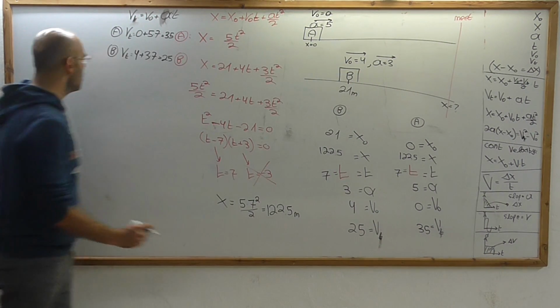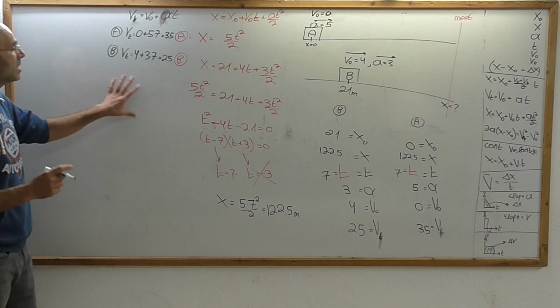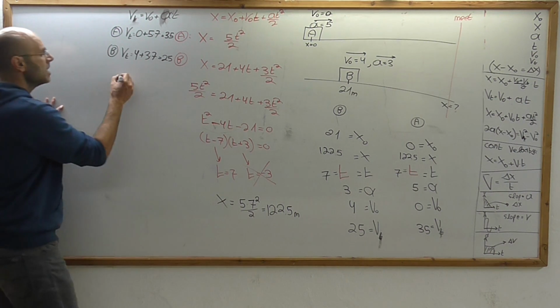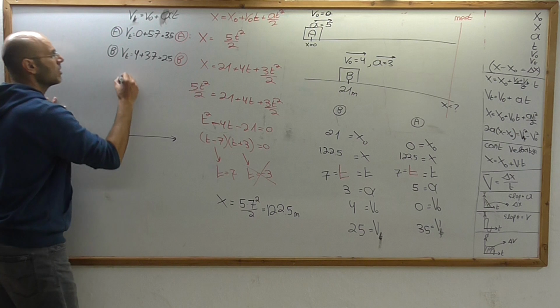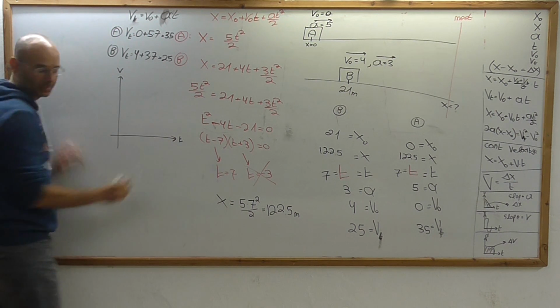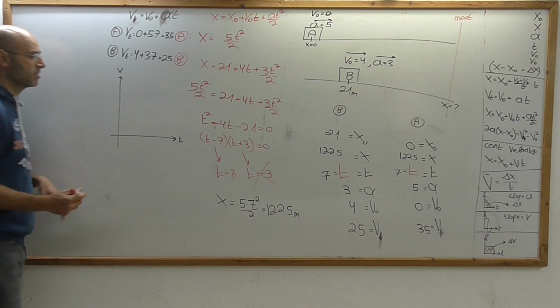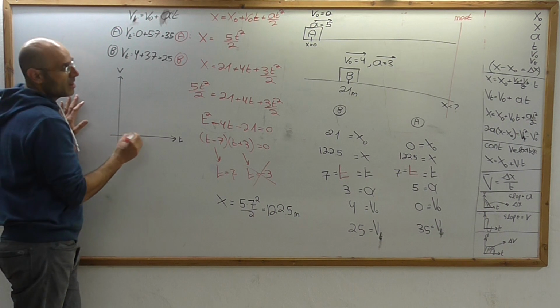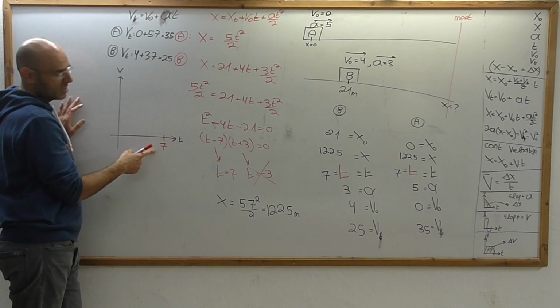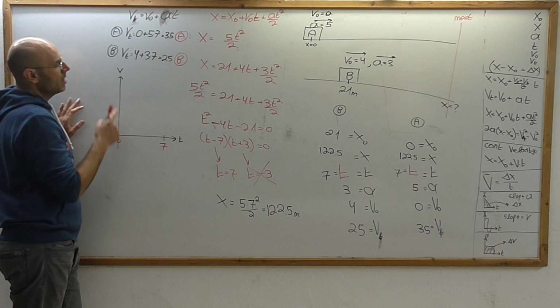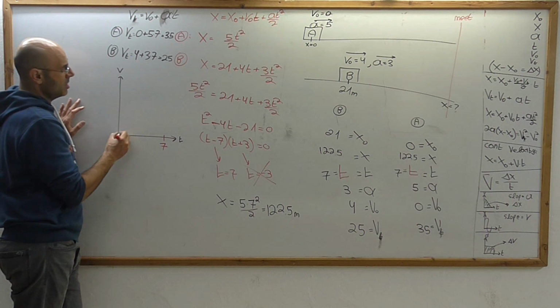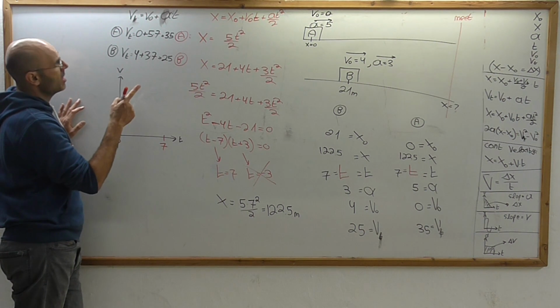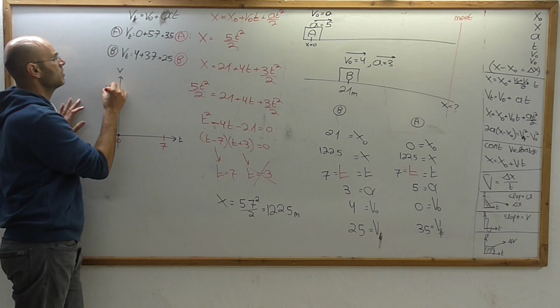Now, let's see how we get information from the graphs. Let's do the graph v over t for both of the cars. The critical times here are 0 and 7. The velocity of car A starts from 0 and finishes at 35.